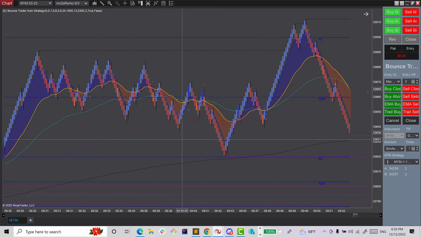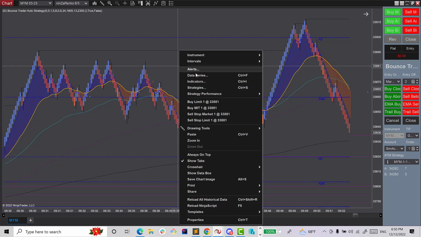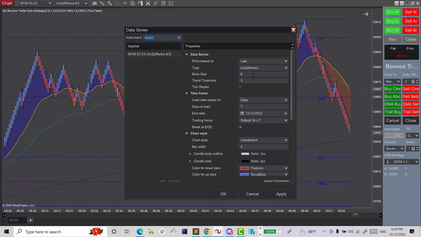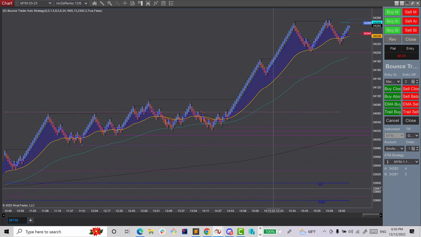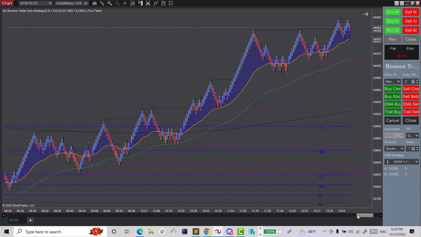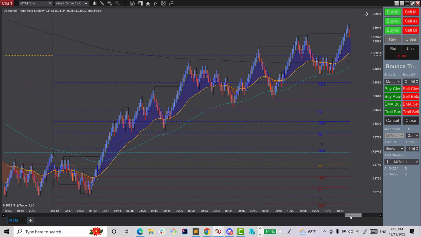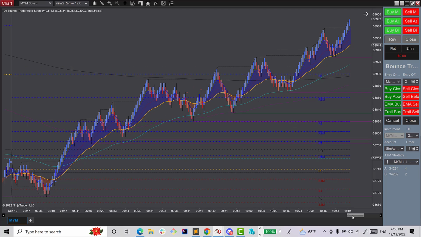If you put in different settings and come back to that day to see how price reacts to the 34 EMA, we have one bounce, this bounce, this bounce, this bounce.